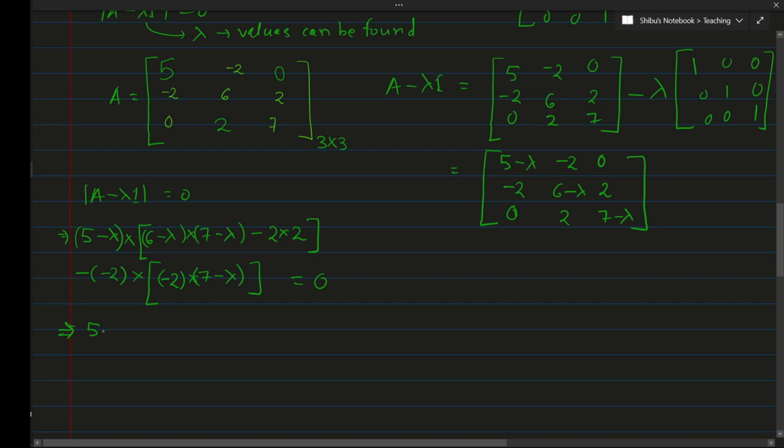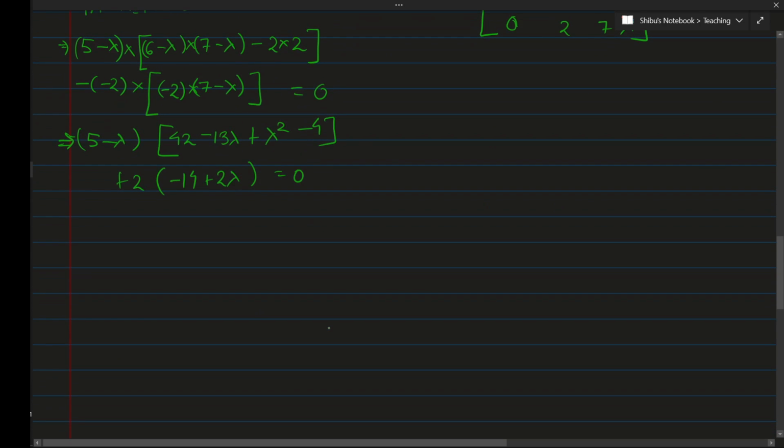So this is 5 minus lambda, and if we multiply the inside thing, 6 7s are 42, minus 6 lambda minus 7 lambda, minus 13 lambda, then minus lambda times minus lambda gives plus lambda square, this minus 4, and this will be plus 2, and inside it will be minus 14 plus 2 lambda, right? Plus 2 0.